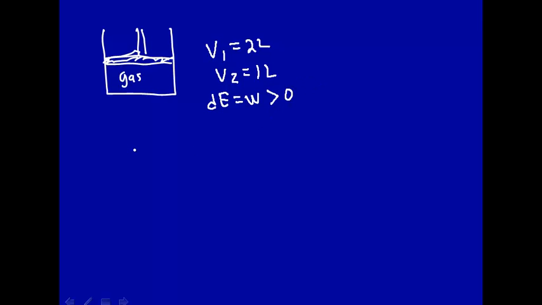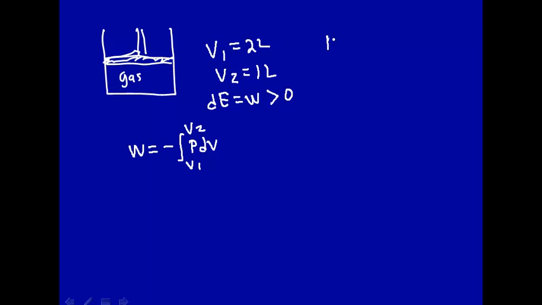Okay, so let's use our general equation to calculate work for pressure volume: minus the integral of P dV. Now, the key word there was reversible. Let's make it a definite integral from V1 to V2.